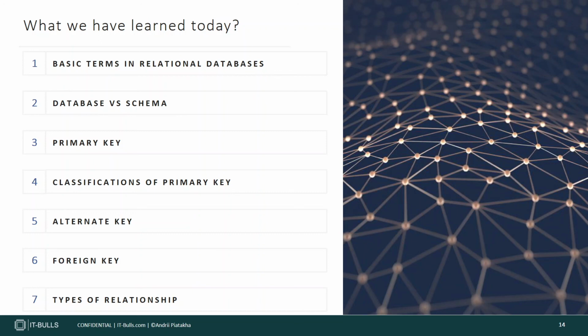I explained what an alternate key is. After that, we learned such an important concept in relational databases as foreign key. And at the end of the lesson, we learned three main types of relationship. Now you know the difference between one-to-many, many-to-many, and one-to-one relationships.